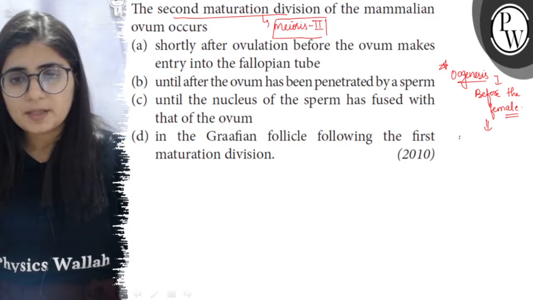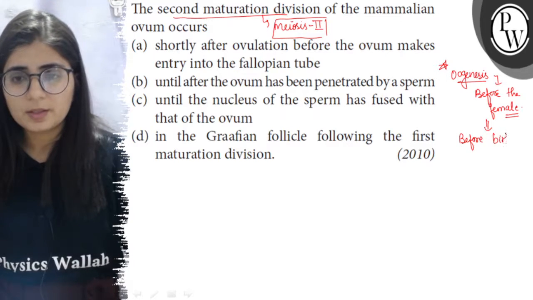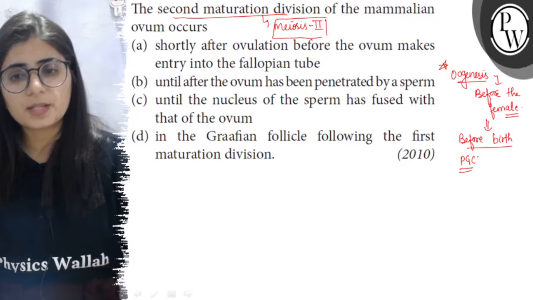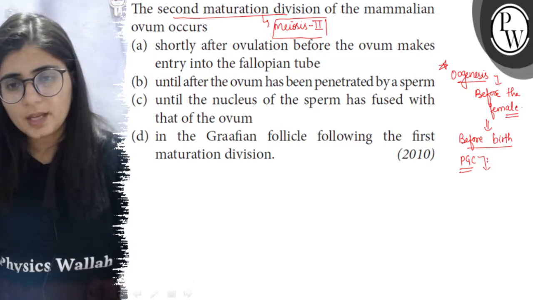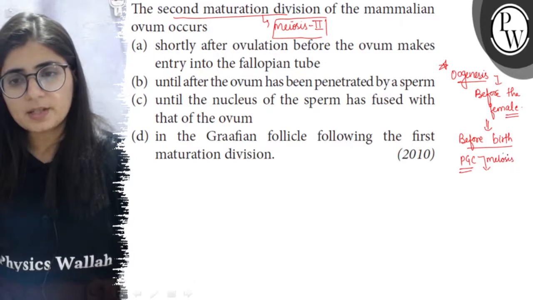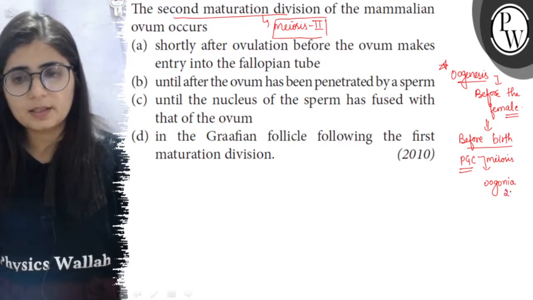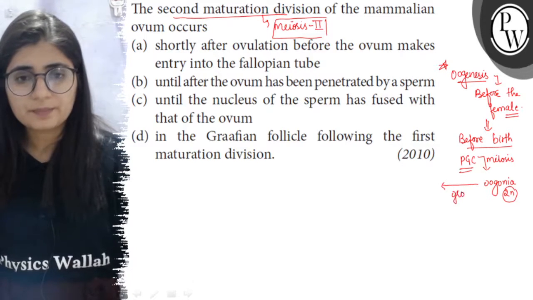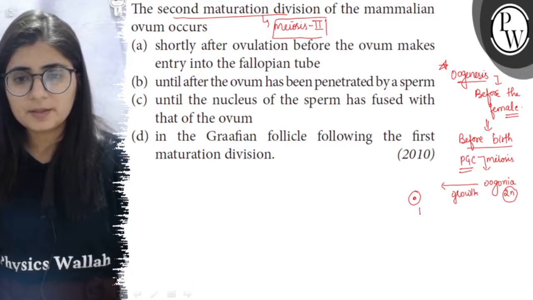Before birth, in her ovaries, a large number of primordial germ cells, which are actually the epithelium of the ovary, divide by mitosis and form the oogonia or egg mother cell.